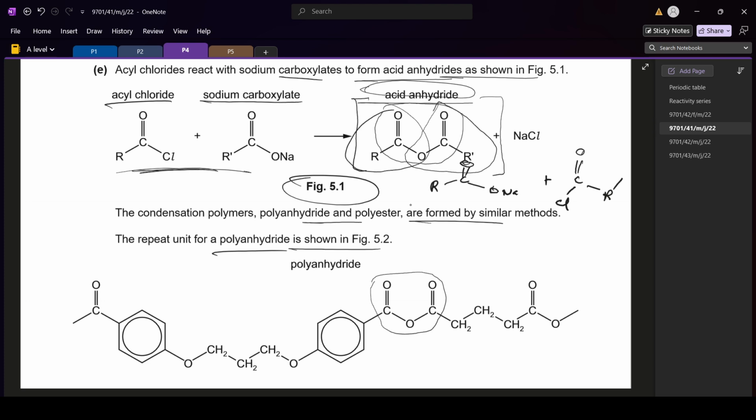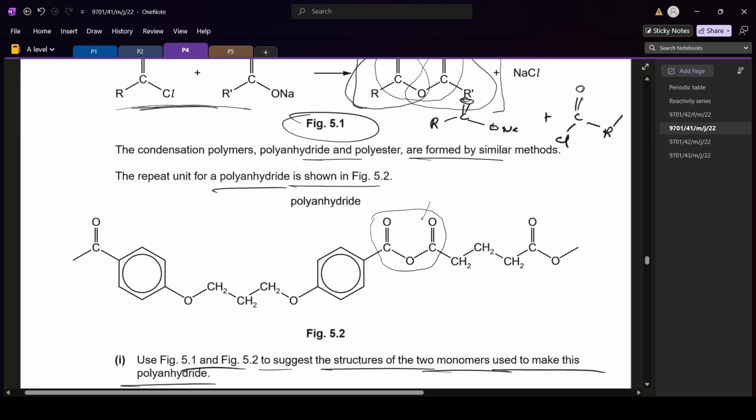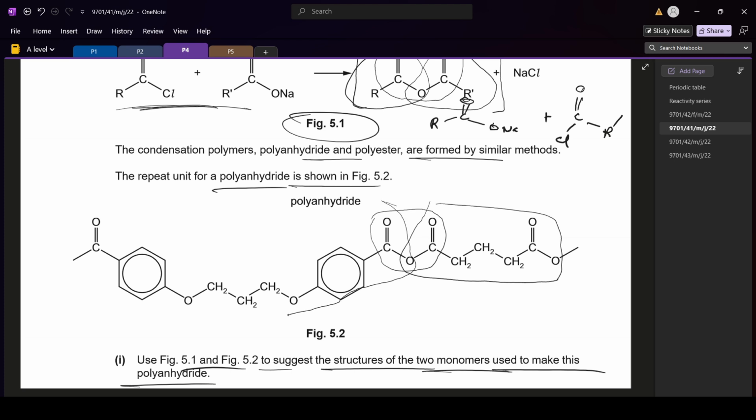So now you can see that this part is your first monomer, and this part here will be your second monomer.